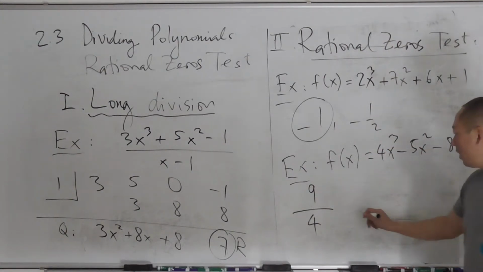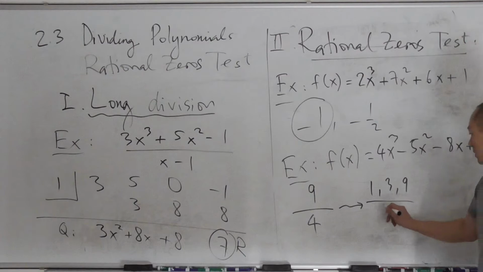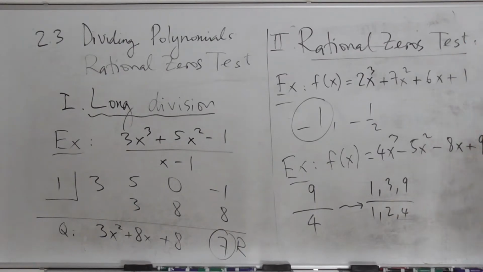I'm going to look for all the factors of 9, which are 1, 3, and 9, and all the factors of 4, which are 1, 2, and 4. Now I'm going to look for all the combinations. I've got 1 over 1, which is 1, 3 over 1, which is 3, 9 over 1, which is 9, then 1/2, 3/2, 9 over 2, and then 1/4, 3/4, 9 over 4, and then plus or minus.